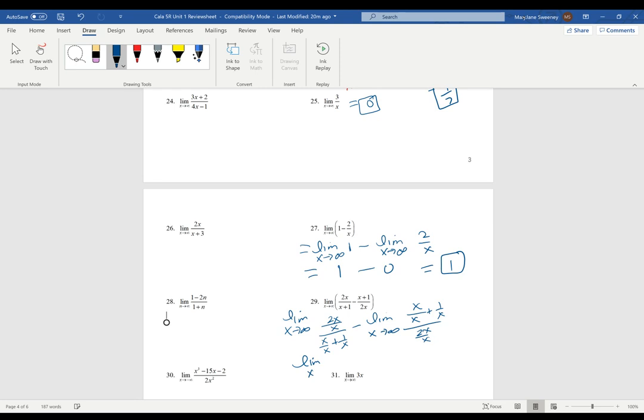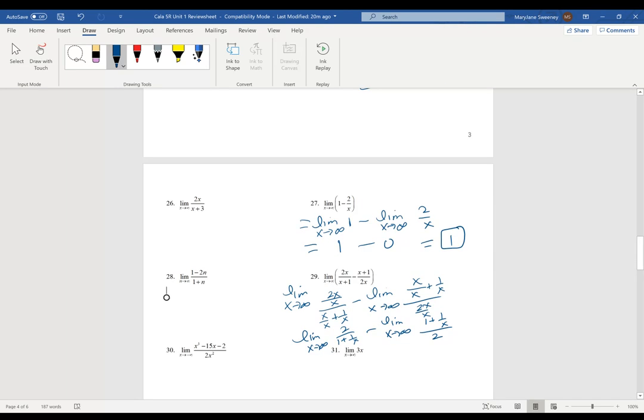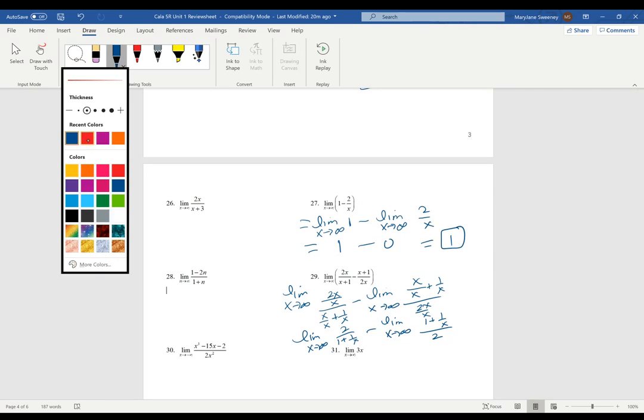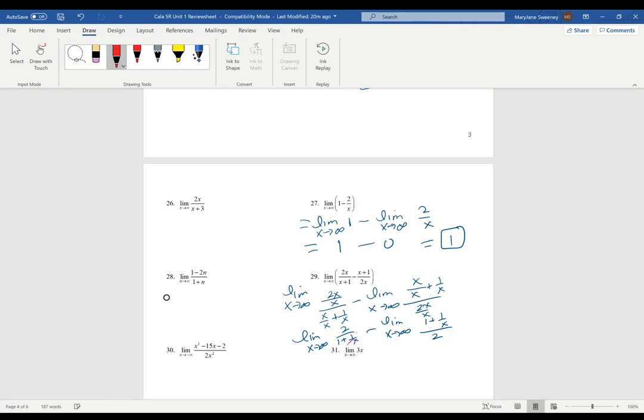So we get limit as x approaches infinity of 2 over 1 plus 1 over x, minus limit as x approaches infinity of 1 plus 1 over x over 2. So that goes off to 0, that goes off to 0. We've got 2 minus a half, which is 1 1/2 or 3/2.